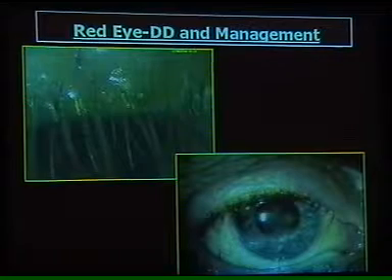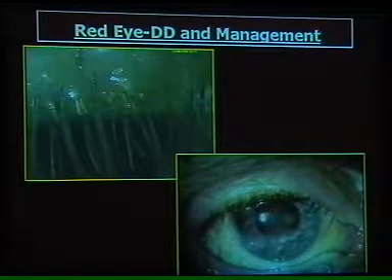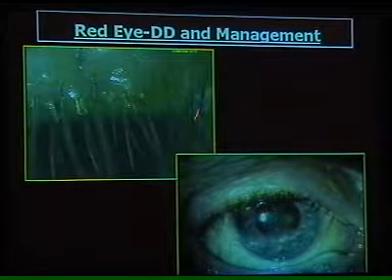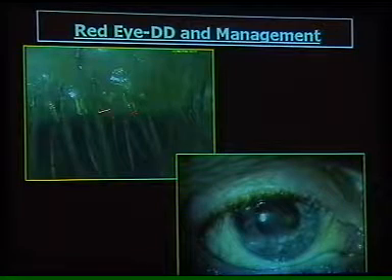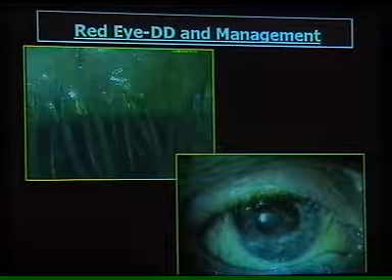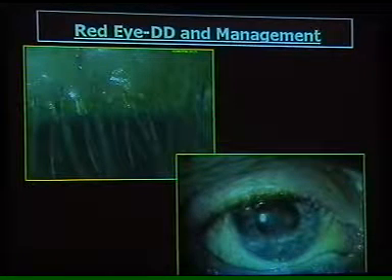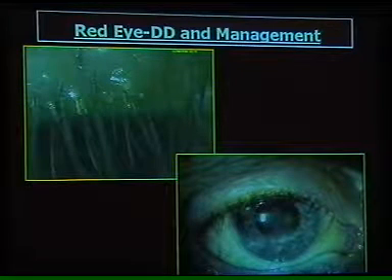Now, the lids. The commonest problem, as I mentioned last time during my talk, very at times overlooked or missed for one reason or the other, is squamous blepharitis, dryness of the lashes, and there are scales. These scales very frequently drop in the conjunctival sac, and they cause irritation leading to redness of the eye.